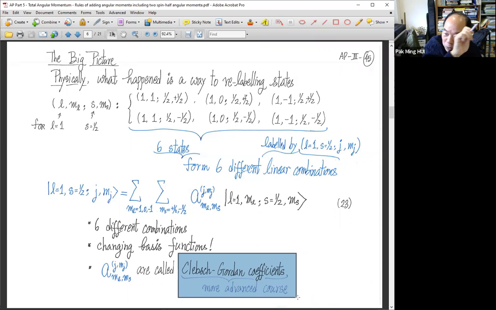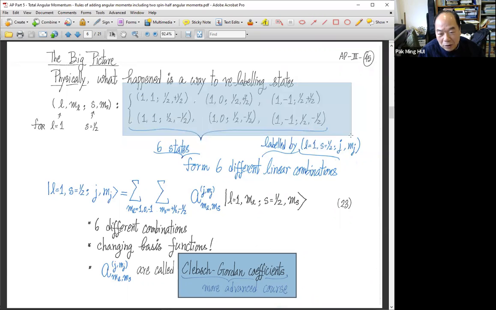If you don't want to work them out, look up tables. They're Clebsch-Gordan coefficient tables to add up, say, L is 2, add to a spin half, what are the combinations? But the big picture is important. No more, no less.